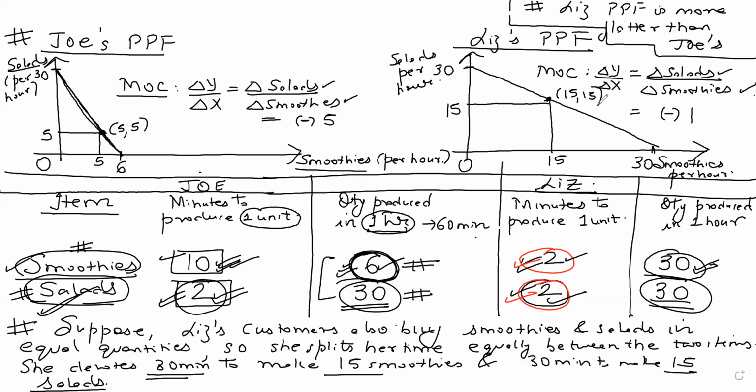So I'm going to speak about the gains from trade in the next lecture. The objective of this lecture was to discuss the concept of comparative versus absolute advantage using the tool of the production possibility frontier. In the next lecture, we'll talk about the gains which Joey and Liz can have by trading that good in which they have a comparative advantage. So I'll cover that portion in the next lecture.